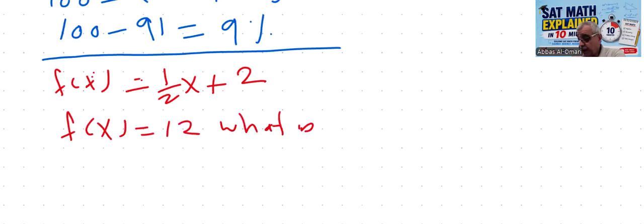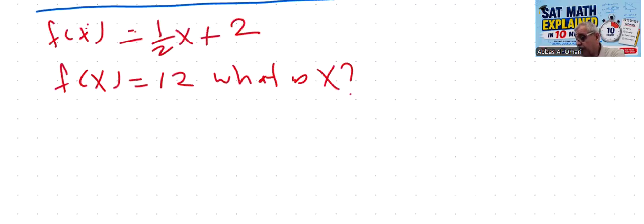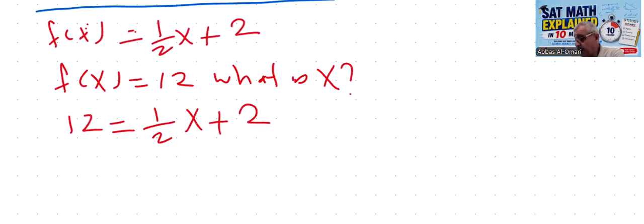Here we substitute: 12 equals half x plus 2. This is an equation with one unknown, x, so we can solve. Half x equals 12 minus 2, which is 10.